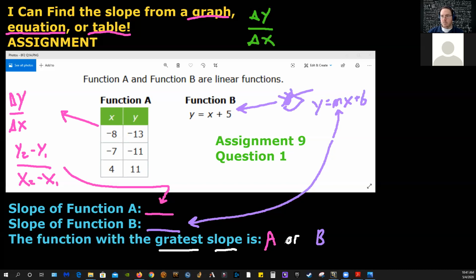Chat, does that make sense? Okay. So if you're confused about what the value is for m in function B, I'm telling you now, it's there, but you have to remember mathematicians are lazy, and there's certain numbers that if we don't have to write them down, we just don't.